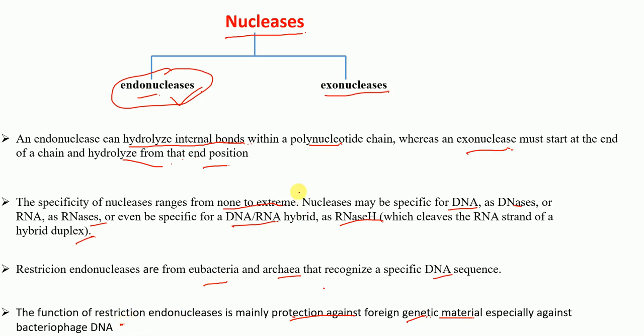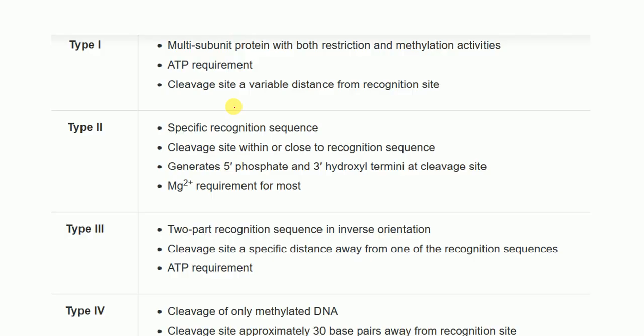So the synopsis of this slide is, guys, nucleases are of two types, endonucleases and exonucleases. Further, the endonucleases have been divided into four different types: type 1, type 2, type 3 and type 4.